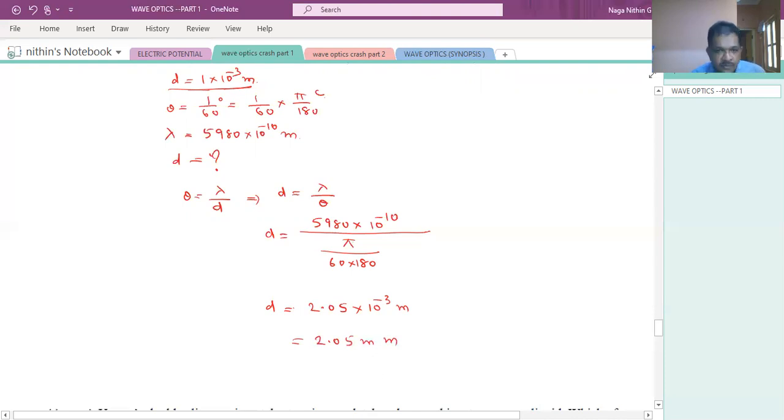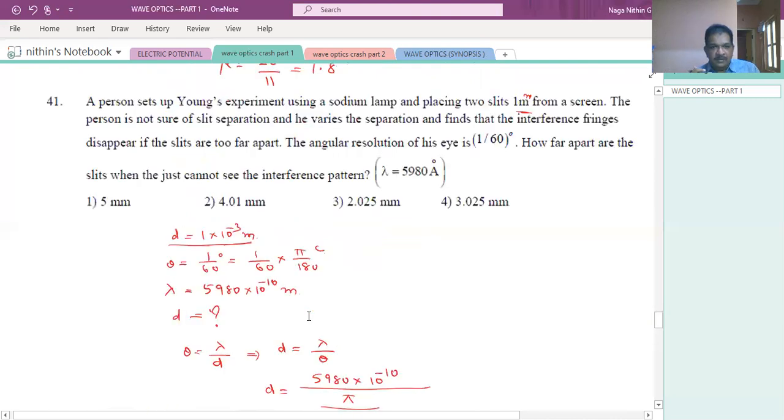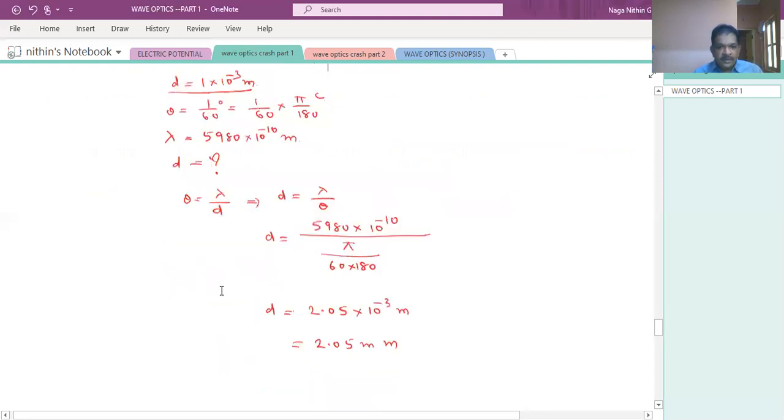So up to this distance we can see the interference pattern. After that we can't see. So this is the answer.